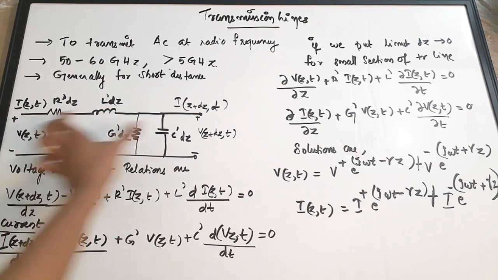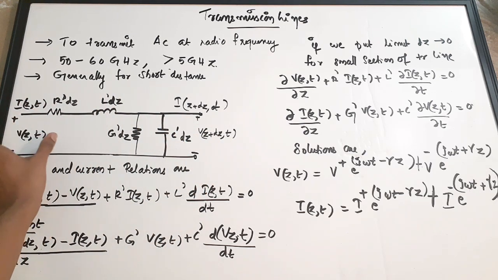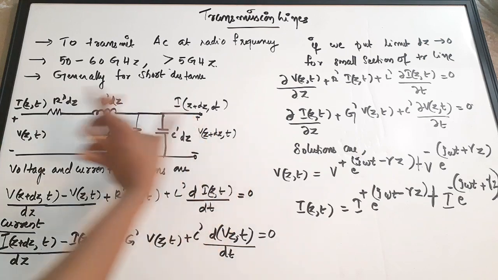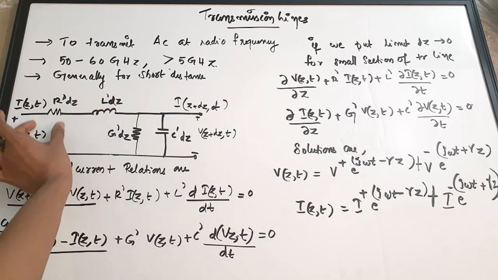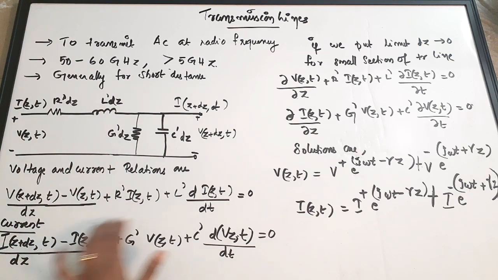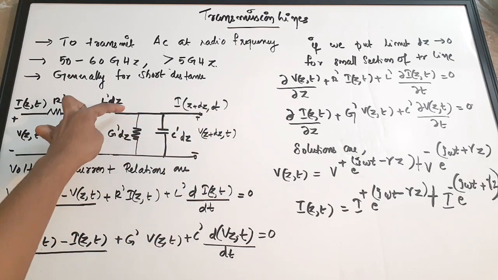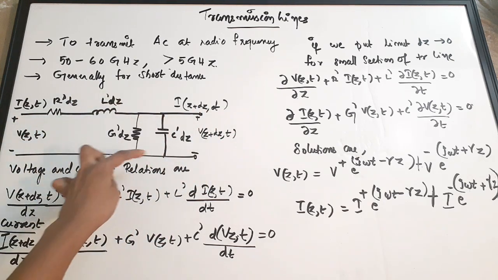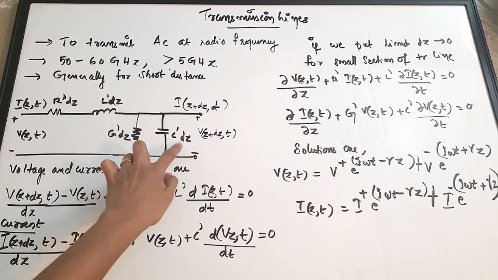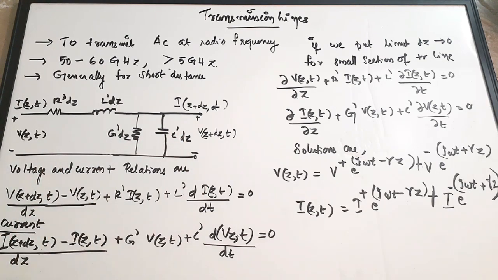That is, the voltage difference between the two sides plus the sum of the voltage drops across the inductance and the resistance. That is the voltage equation. And for the current equation, we know that current is the same in a series connection, and current gets split across the parallel components, which are the conductance and the capacitance. So we have to take this conductance and capacitance into consideration.